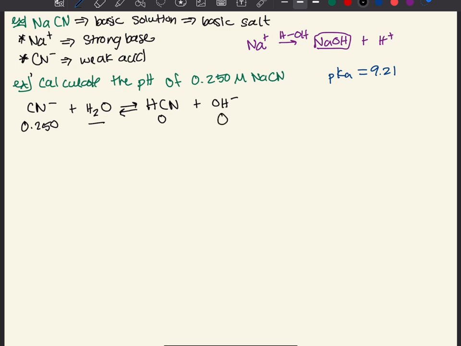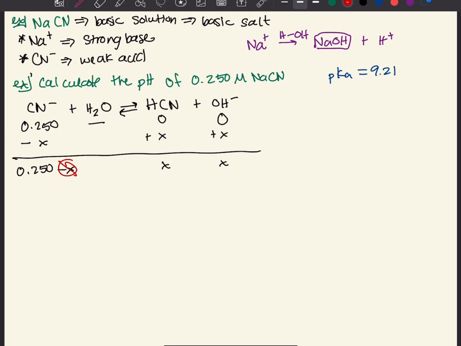So as we move forward, the change is going to be minus x, and plus x. So at equilibrium, we're going to have 0.250 minus x, and x. Now this pKa is very small, very, very small. So what that tells me is that I can use the assumption and I don't have to consider this x.